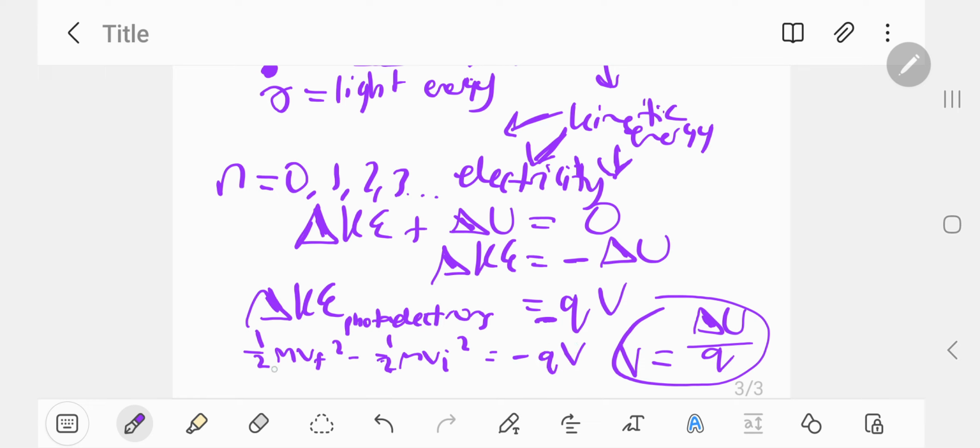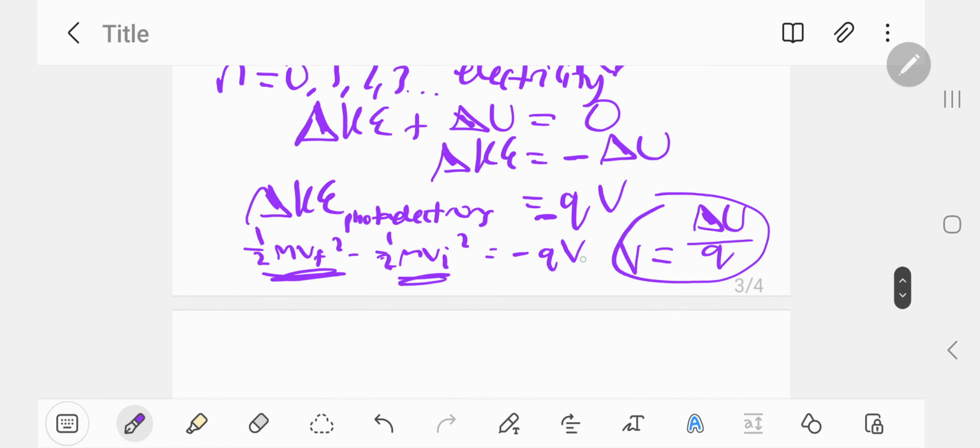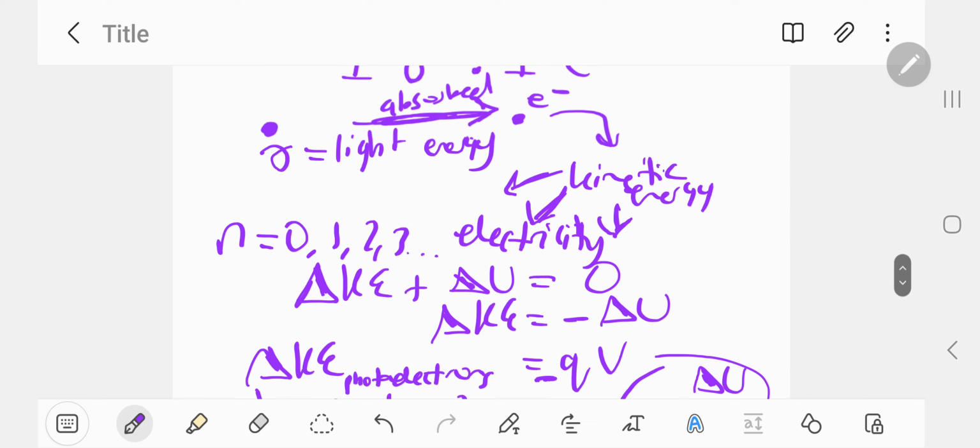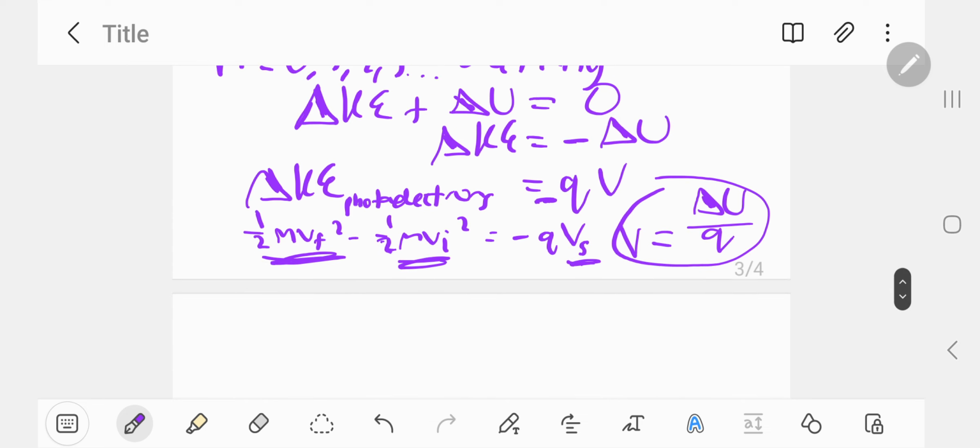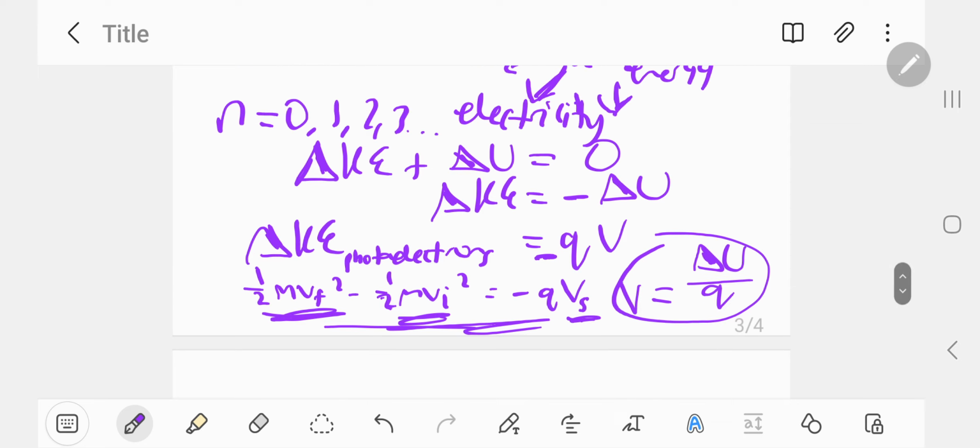The change in kinetic energy is the final kinetic energy minus the initial kinetic energy. And this voltage V is also known as the stopping voltage, V_S. The stopping voltage is what prevents electrons from reaching the other electrode. So you can calculate things here using this principle of the law of conservation of energy.